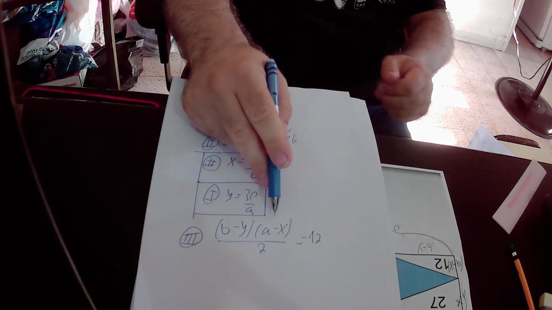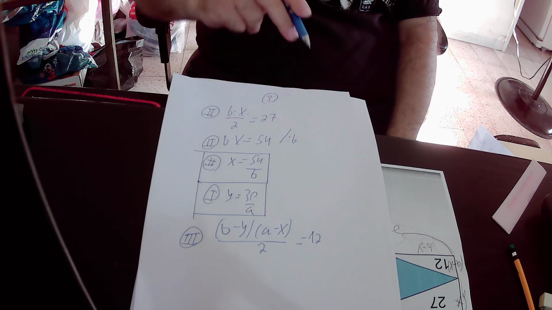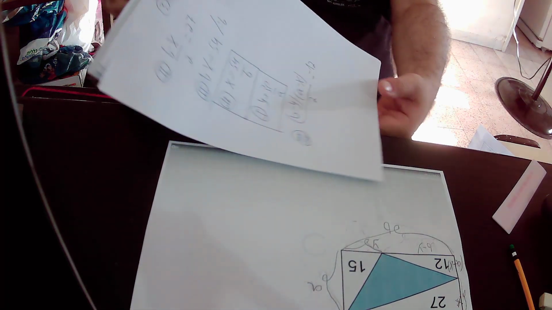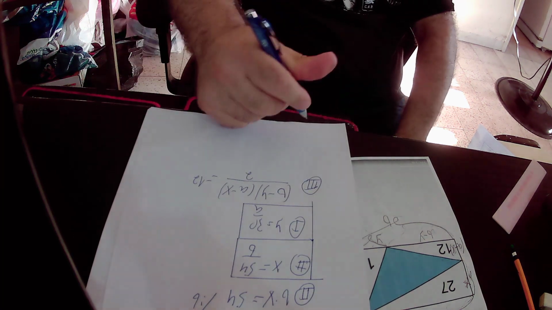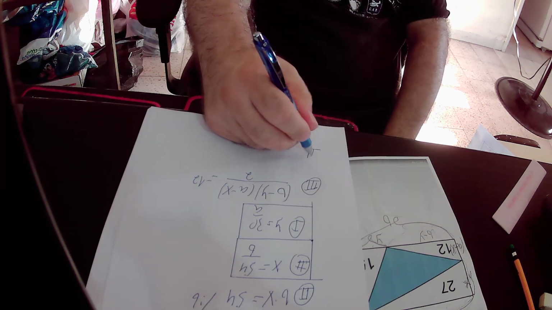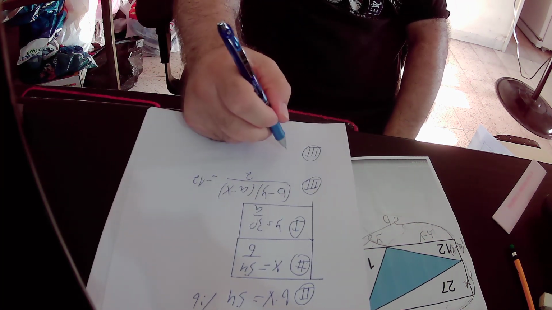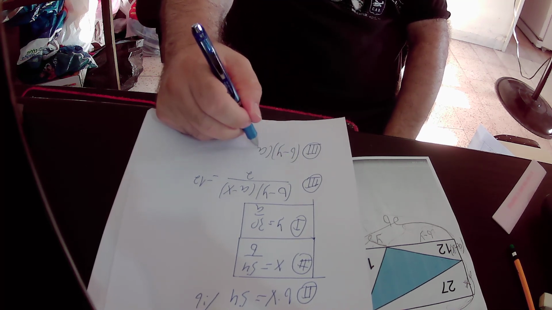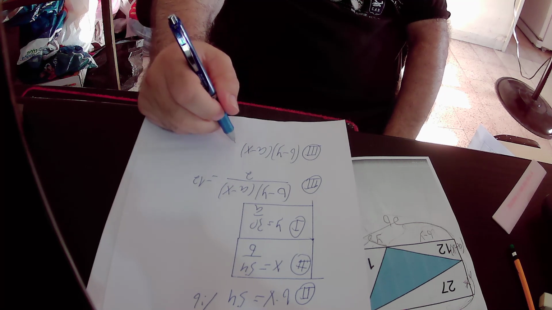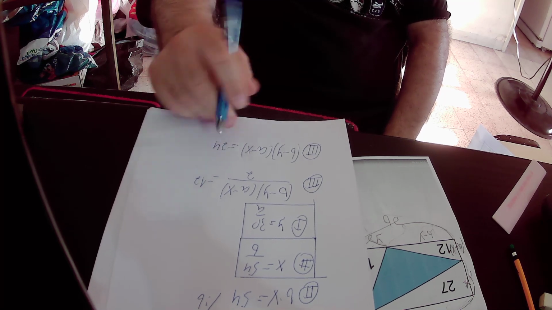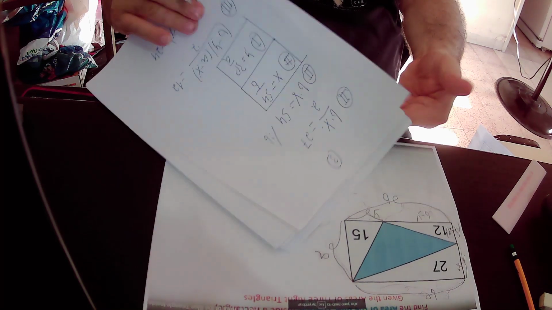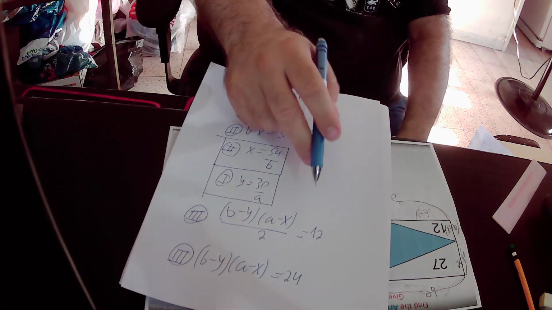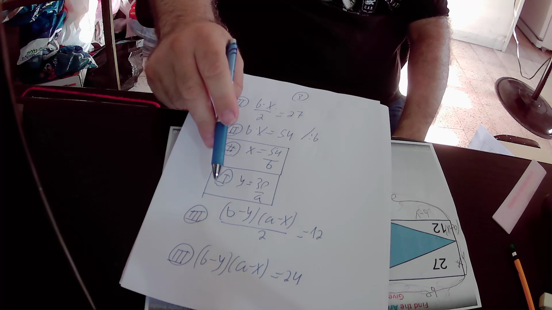We can multiply both sides of the equation by 2. We will get that b minus y times a minus x equals 24. Here 12 times 2 is 24.